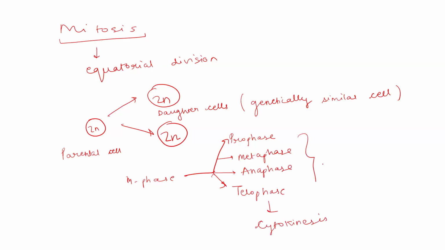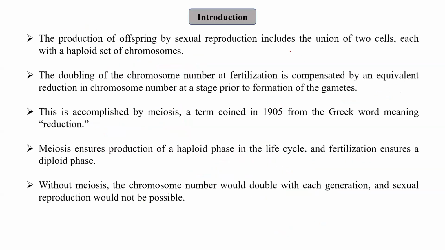All these steps result in karyokinesis, that is the division of the nucleus into two. And cytokinesis finally results in the separation of those two nuclei into 2 different cells. So this was what we understood about mitosis in the last lecture. But then there is another kind of division, that is meiosis, that we will start in today's lecture.